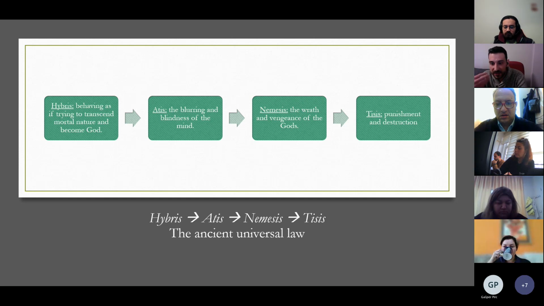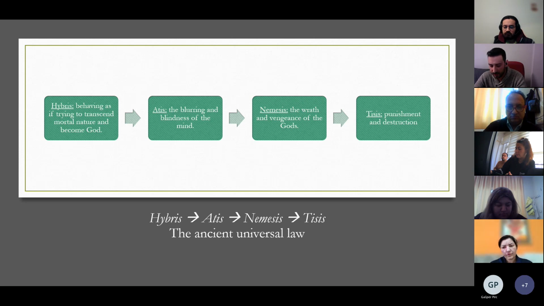So this, in turn, led the abuser to new offenses until he committed a very grave error, which brought about the nemesis, which was the wrath and vengeance of the gods. And afterwards, after nemesis, we have tisis, which is this person's punishment and destruction.